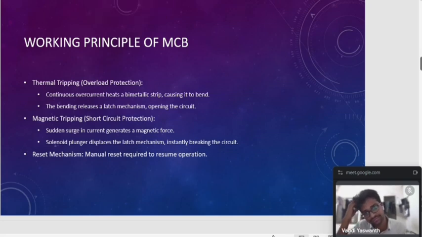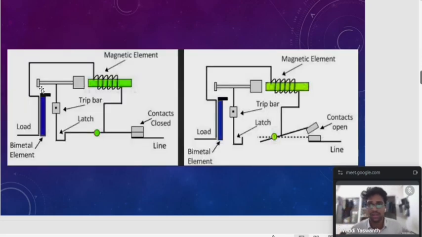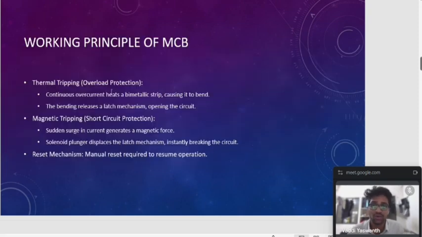I'll show you that picture. Here, this is known as a bimetallic strip. When an excess amount of current flows through a wire, it will get heated.